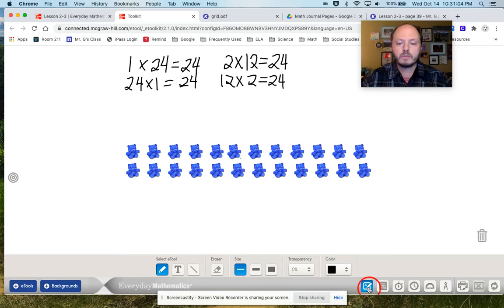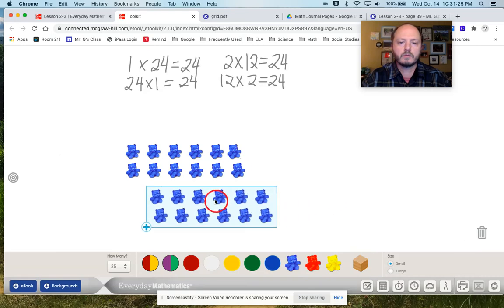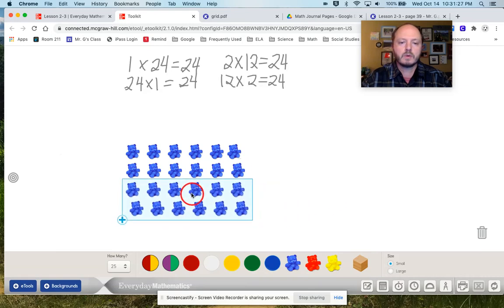What if I took 1, 2, 3, 4, 5, 6, and oops, hold on. There we go. What if I made a group like that? I'm going to move this group over just a little bit, just so it's lined up a little bit better.